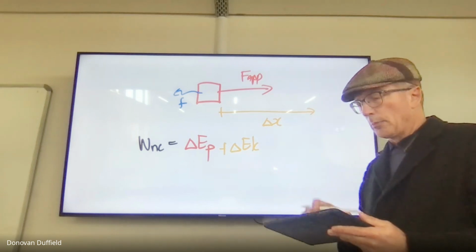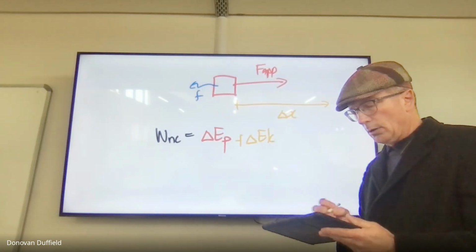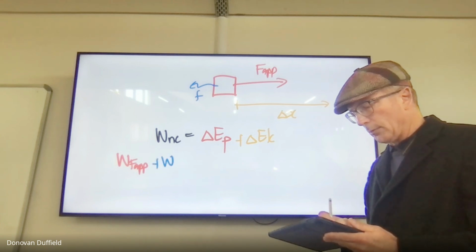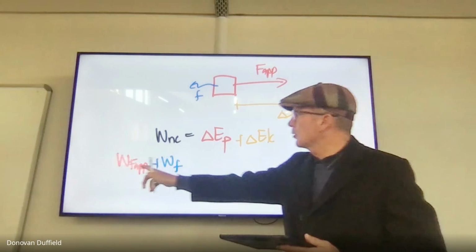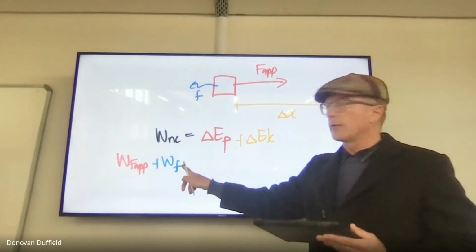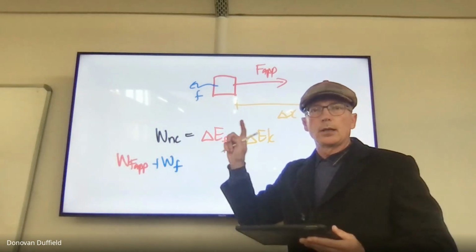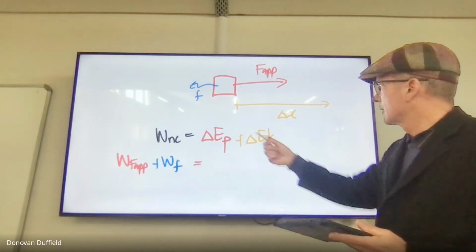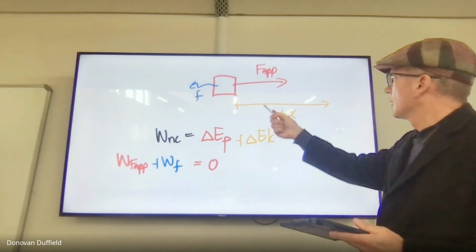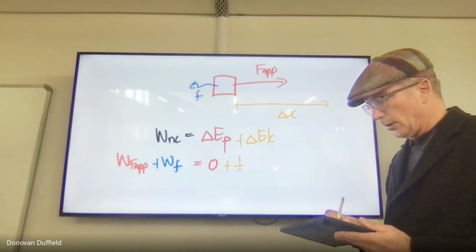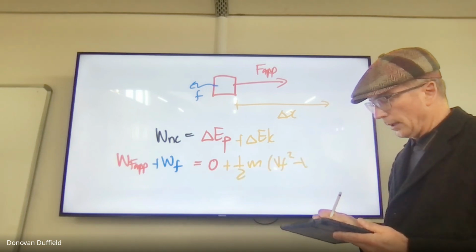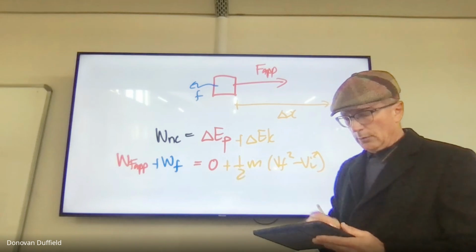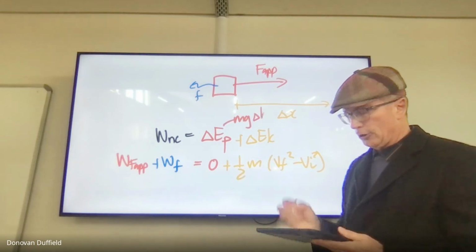Cool. But now you need to look at the work done by the applied force plus the work done by the frictional force. These two works done by the two non-conservative forces add up to the work done in total by the non-conservative forces. The change in potential energy, let's say it's horizontal, would be 0, and the change in kinetic energy would be plus a half m v final squared minus v initial squared. If this was on a slope, then it would be mg delta h.